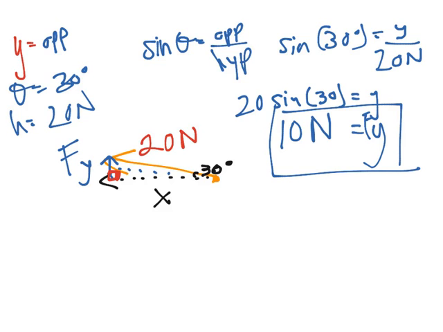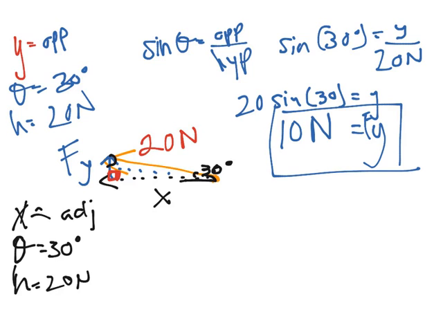So x, I'm switching to black. So x is, think about it, this is still our angle. If you really wanted, you could find this angle and then do sine again, but it's extra work, in my opinion. You could do, x is now next to your angle, so this is the adjacent side. Your theta is still 30, your angle hasn't changed, and your hypotenuse is still 20.